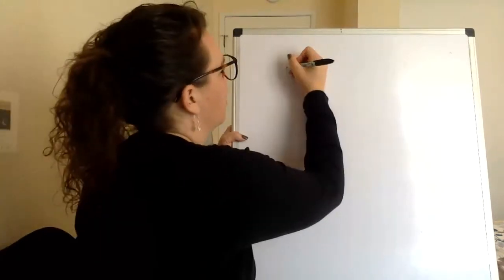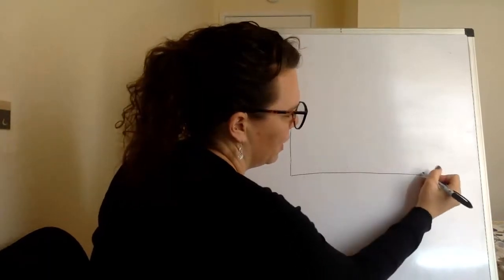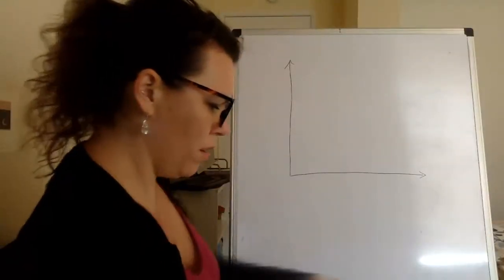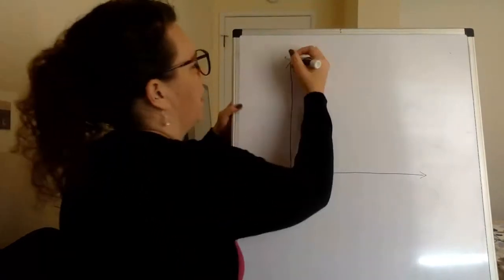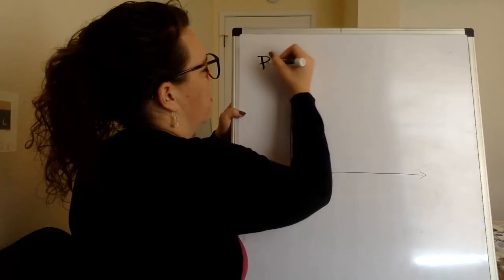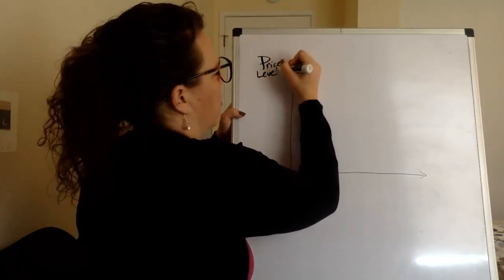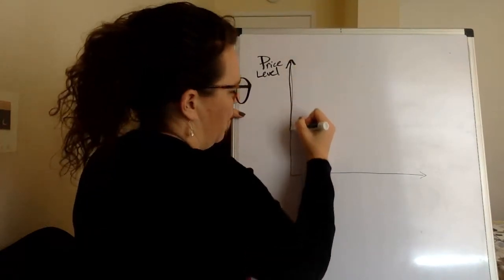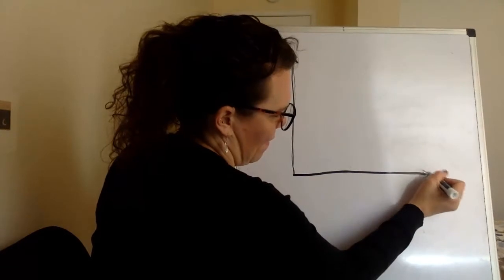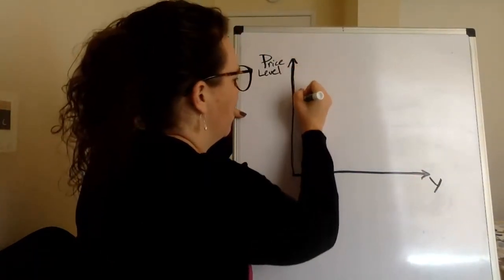So I'm going to get started with my aggregate demand, aggregate supply model in equilibrium. We want to remember that we're going to be looking at the price level and GDP for total output for our economy.